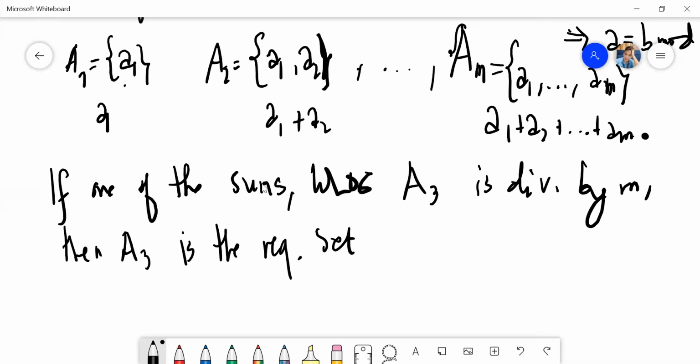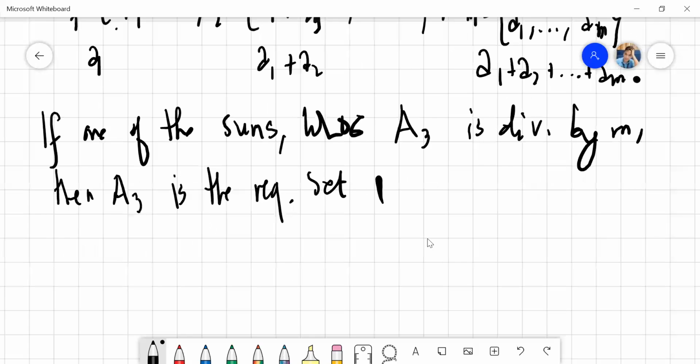My point here is that if one of these sums, say we have A1, A2, A3, A4, and so on, and without loss of generality A3 is divisible by M, then we're done. We have already found a subset of A at which the sum of the elements of the subset is divisible by the cardinality of A, which is 5, or rather M.